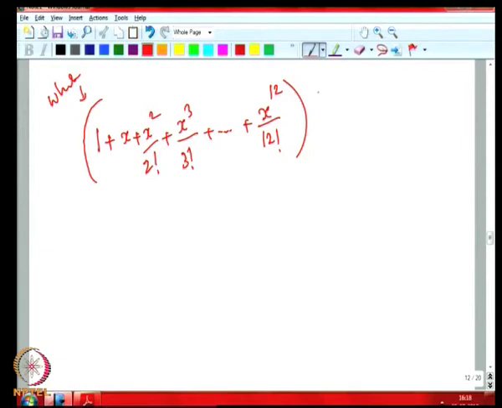Now, the next one also has the same kind of term, 1 plus x plus till x raised to 12 by 12 factorial. See, this is the same problem like the earlier. We can create something like this, right.